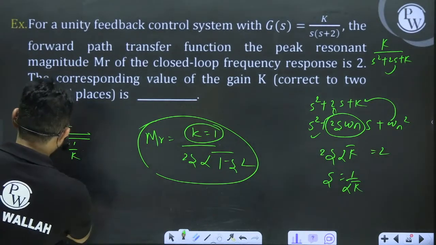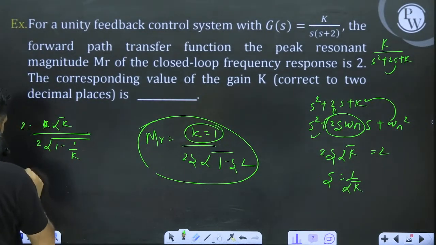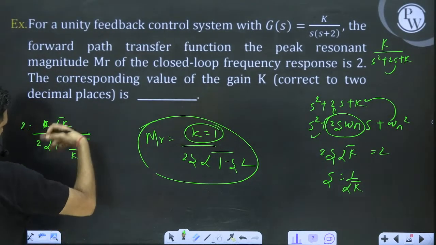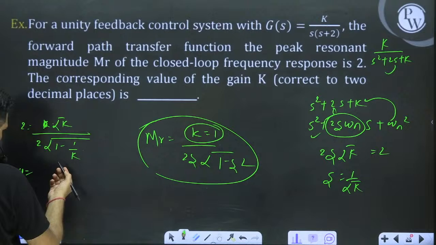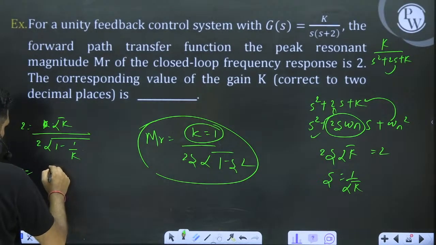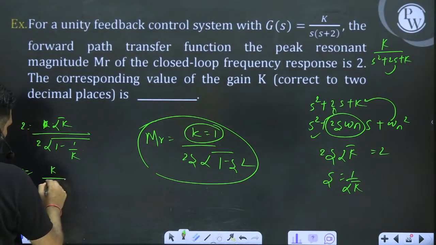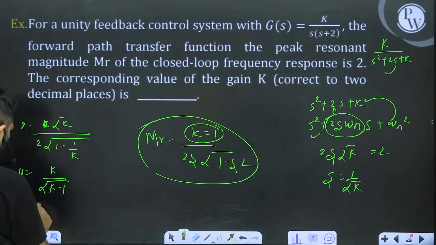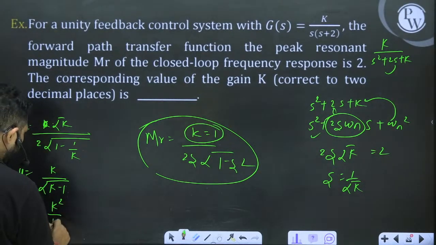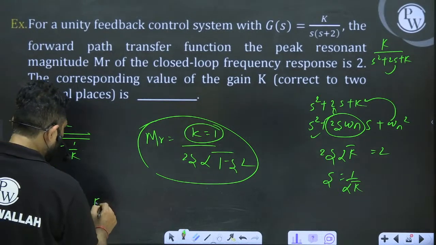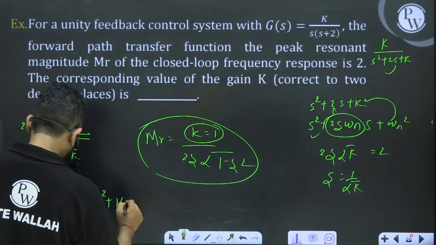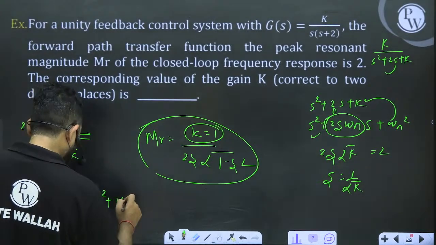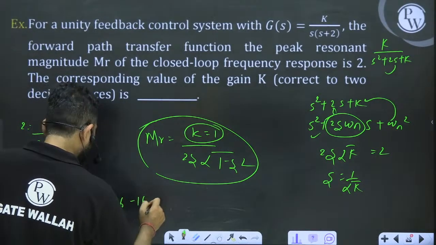Suppose you take k as equal to 1, so it is how much? 4 is equal to k divided by root of k minus 1, and 16 is equal to k square upon k minus 1. So k square minus 16k plus 16 is equal to 0.